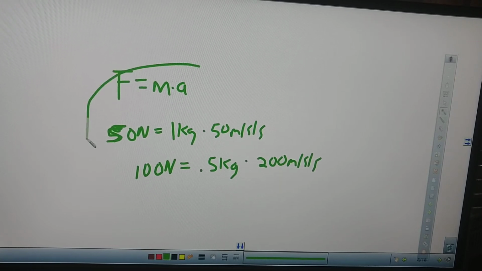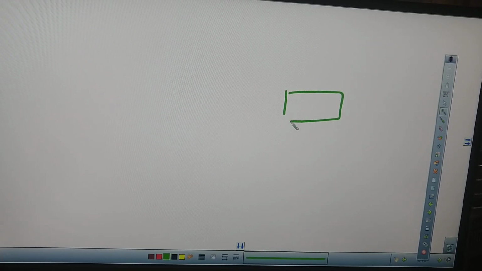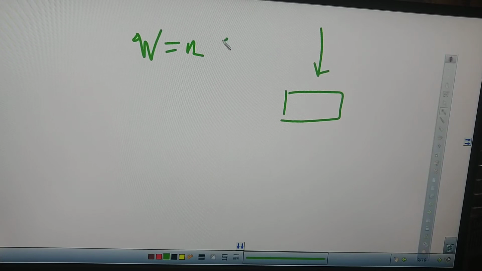Very simple. The next thing we need to know is that when we talk about F is equal to ma in the downward direction because of gravity, we can just use W equals mg because it's all the same, right? Weight is equal to mass times gravity. Well, the weight is the downward force. Mass is mass.